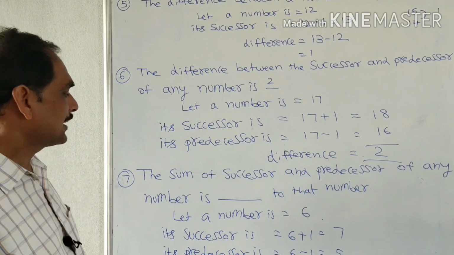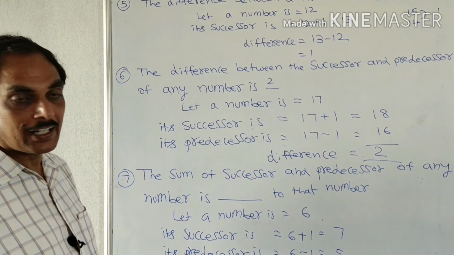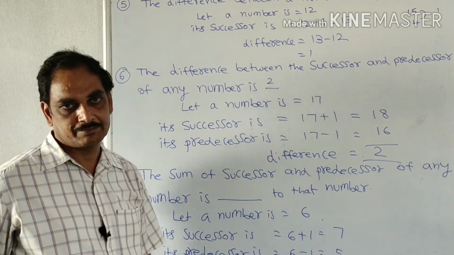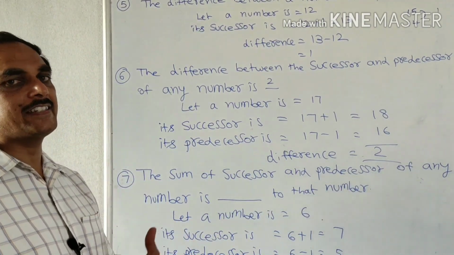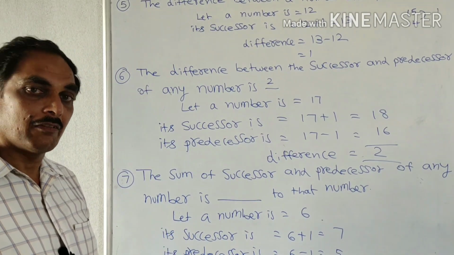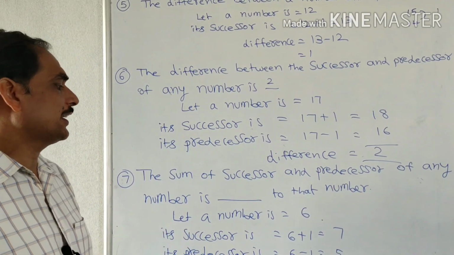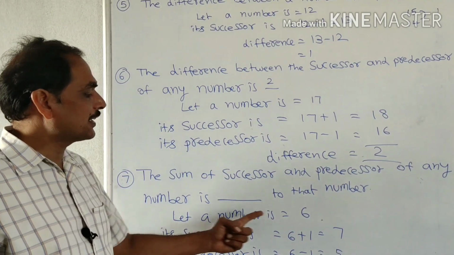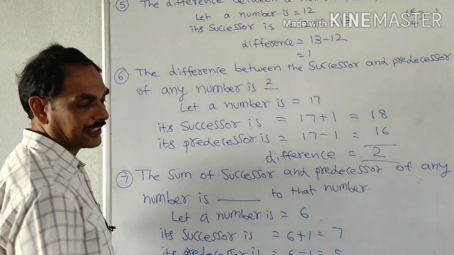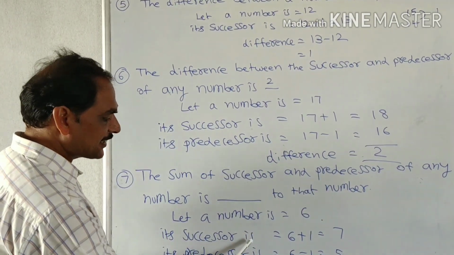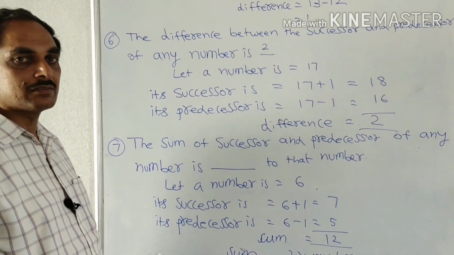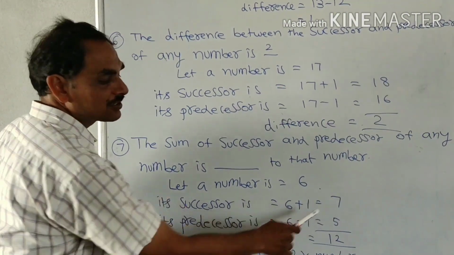Next, the sum of the successor and the predecessor of any number is dash to the number. That means, what is the relation between the sum of the successor and predecessor of a number and the number itself? Now we take a number 6. Its successor, we get by adding 1 to the number, 6 plus 1 is 7.